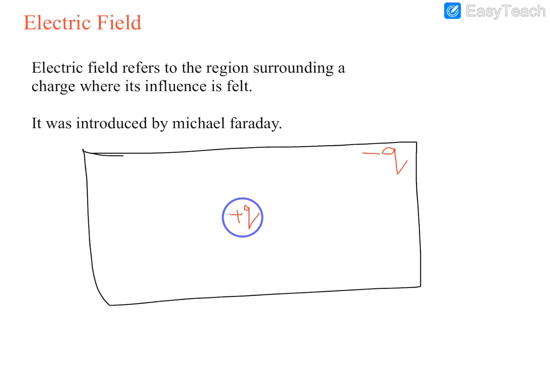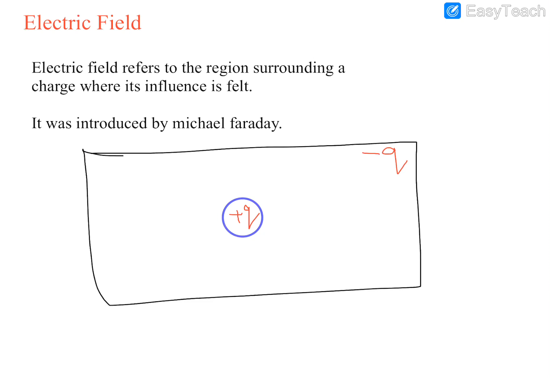From the diagram, since this is the electric field region for the charge plus Q, if you place any other charge in that region, then your plus Q charge will exert a force on that charge, which means that its electric field extends in this region.